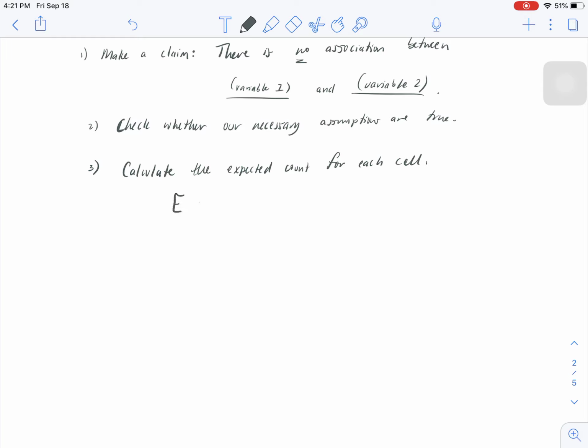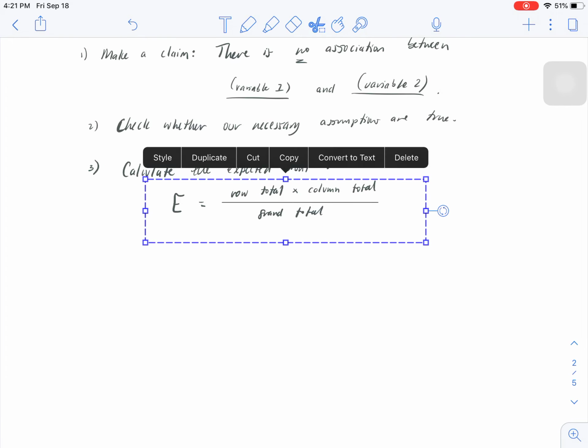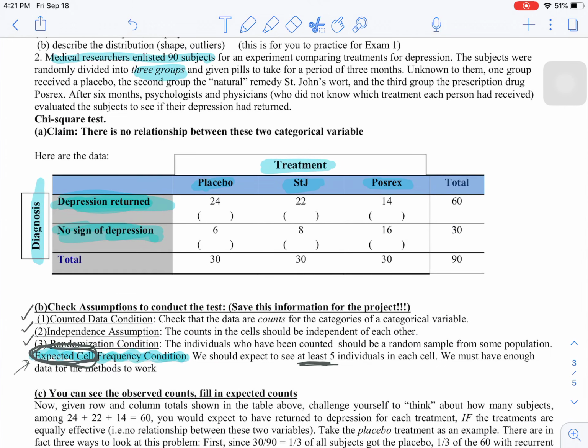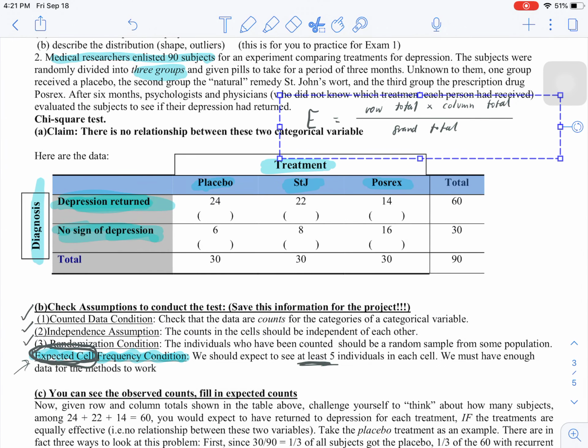Our formula for calculating the expected cell counts is we take the row total times the column total divided by the grand total. So I'll bring this down here.